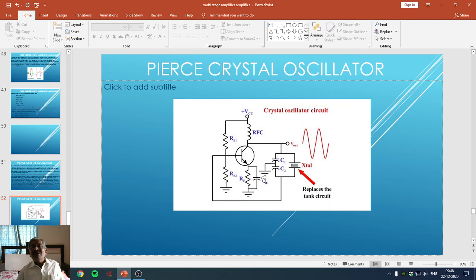This will continue till the capacitor fully charges. When the capacitor fully charges, as the lower terminal of capacitor C2 is of negative polarity, it is connected to the input of the BJT. As the BJT is NPN type, its emitter base junction is reverse biased and the transistor turns off. When the transistor turns off, the capacitor will start discharging across the crystal.